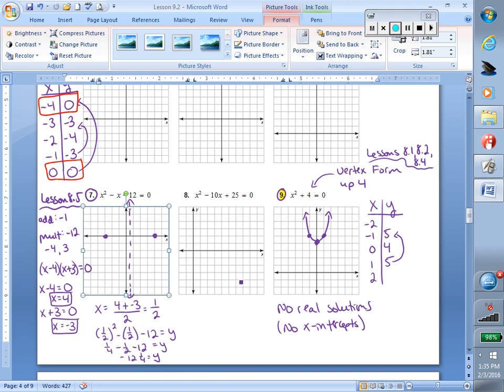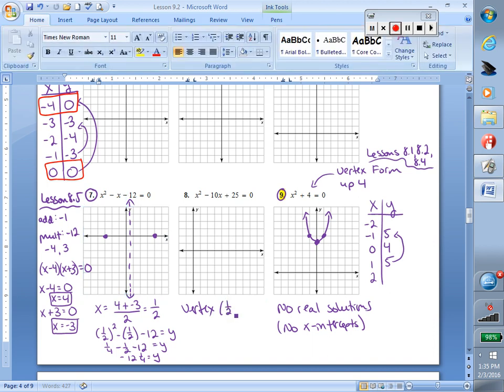So our vertex is 1/2, -12 and 1/4. So be careful when you go to graph your vertex. I'm not going to fit -12 and 1/4 if I keep my scale going by ones. But it will fit if I change my scale to 2s.